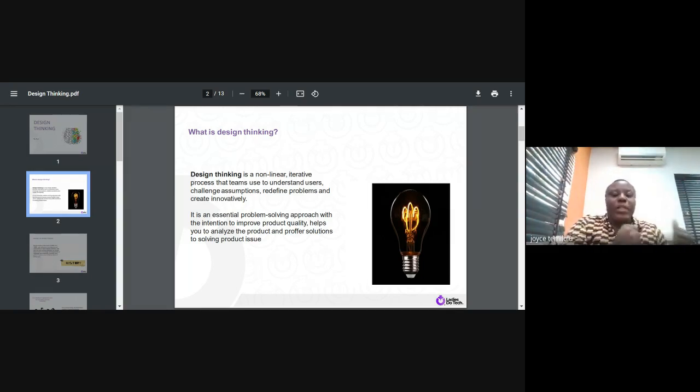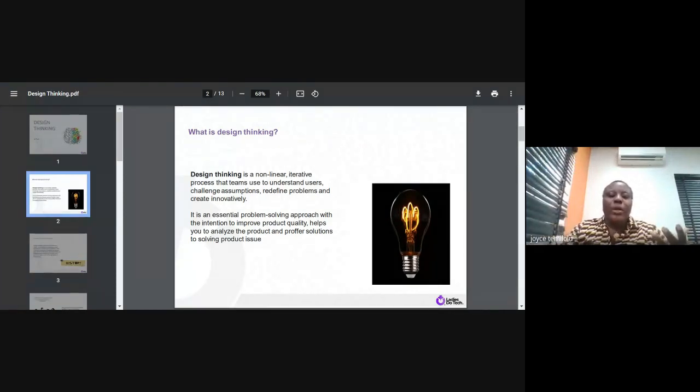I could proffer solutions for the user and give them a timeline for solving that user problem. So that's the point where myself and the required team came together to provide a solution to a user problem. That's all about design thinking, the non-linear creative process where your team comes together to understand your users' gain points and provide solutions to solving them.